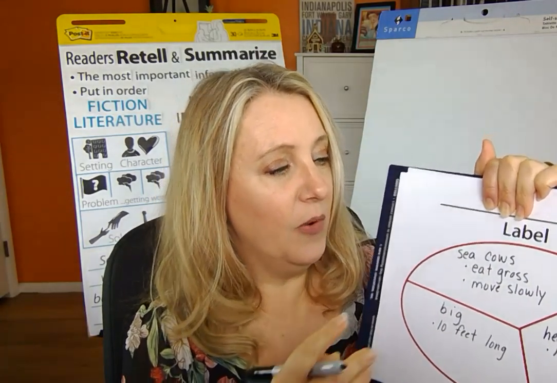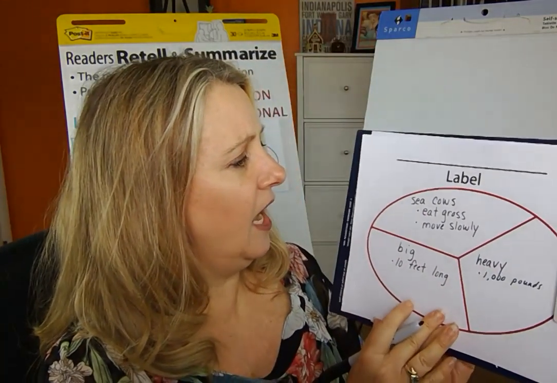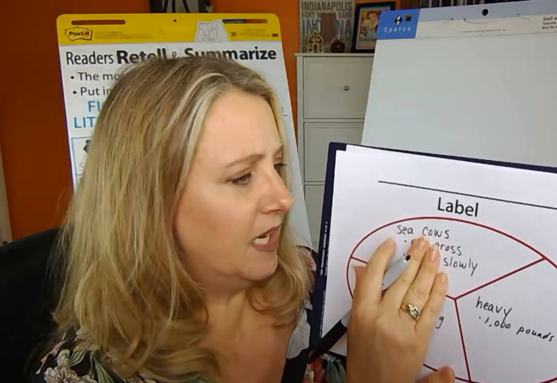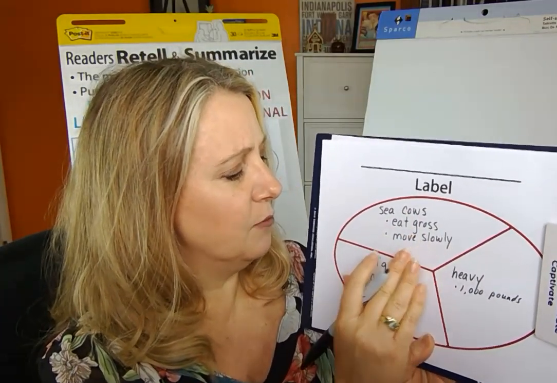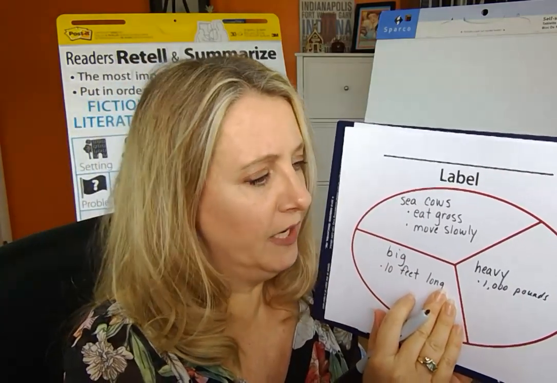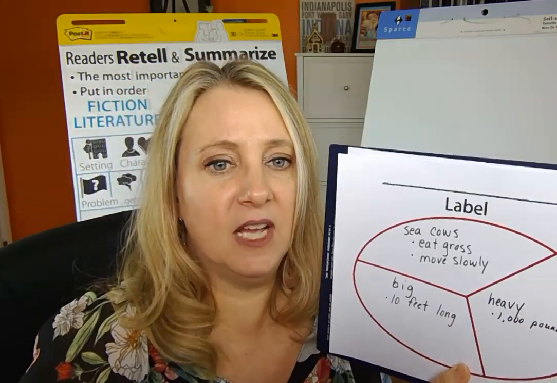Wow, that's really big. Okay, so now when I look at all of these, then I'm thinking about how they're kind of big like cows. They eat grass, they move slowly. They're really big, as in they're long. They're really heavy. They're like 1,000 pounds.